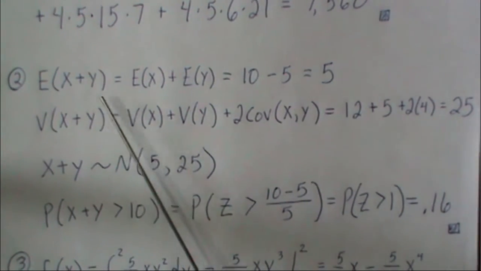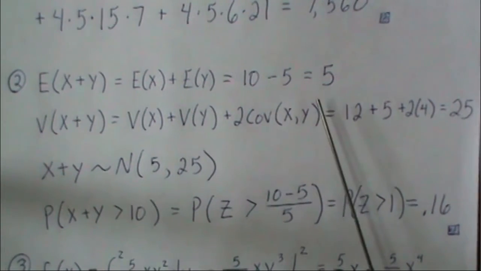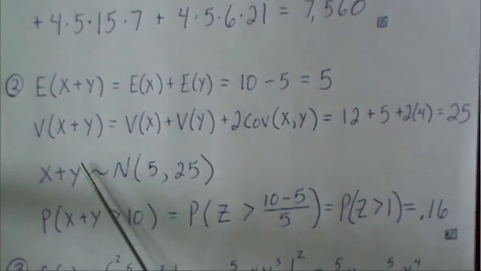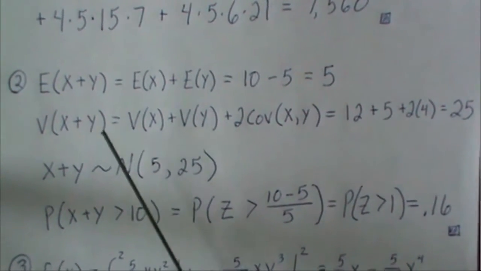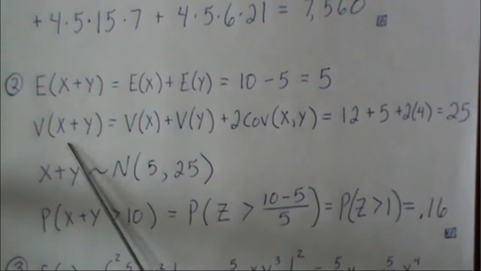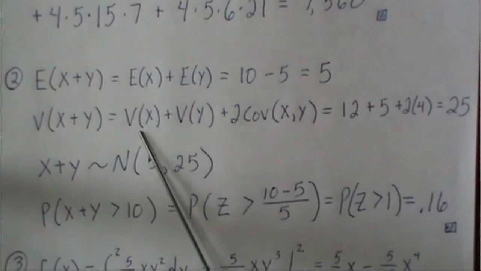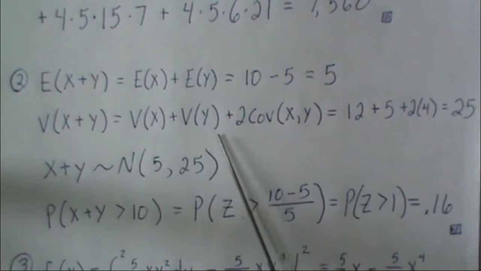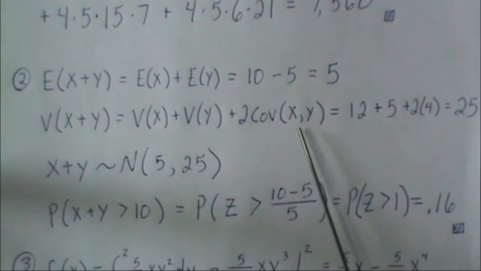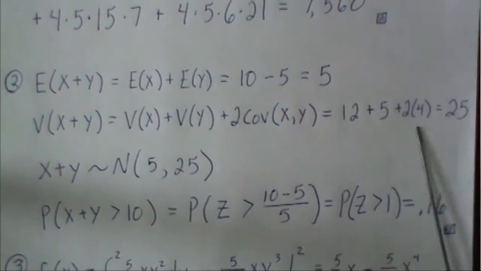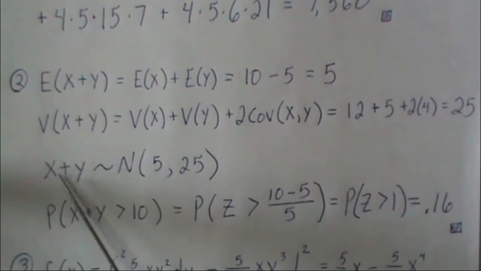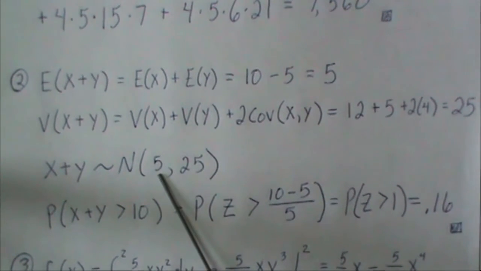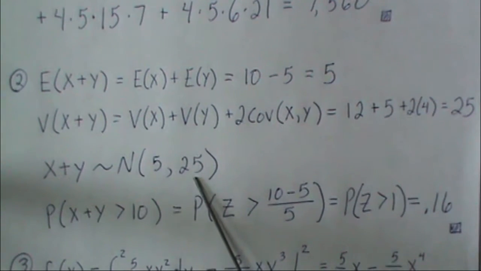The mean is 5, and the variance is the variance of x plus variance of y plus 2 times the covariance, and each of these are given, and that's 25. So x plus y is normal with a mean of 5 and variance 25.